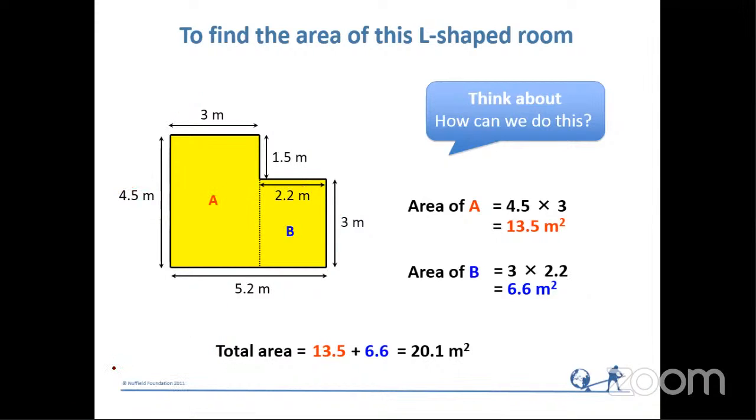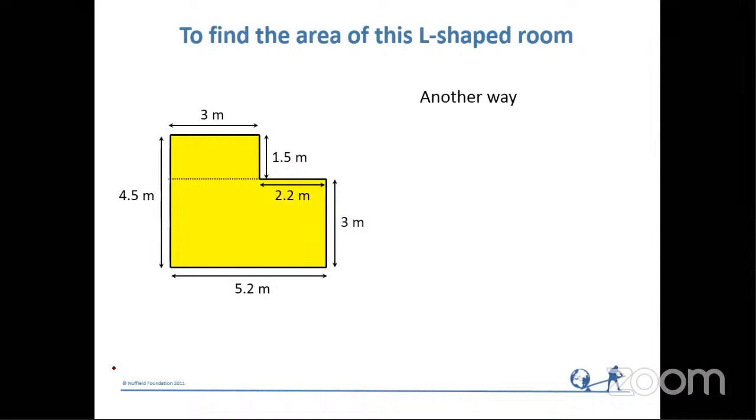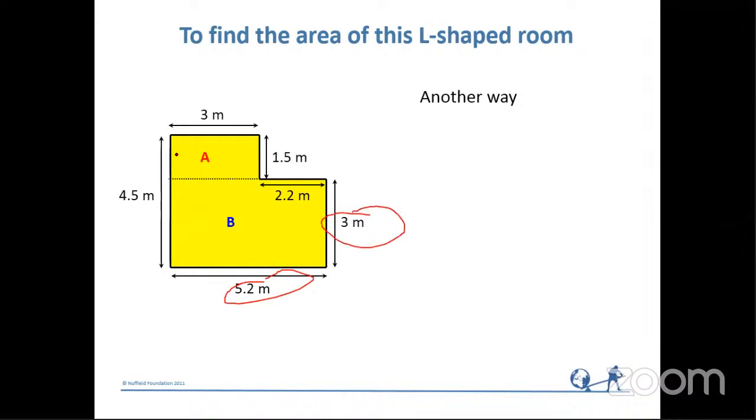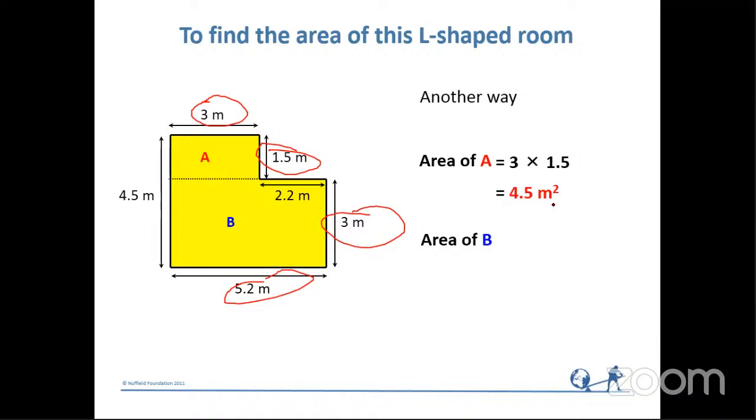Then another option would be when we split and have a length of 5.2 here against 3, and then we also have another one here of 1.5 against 3. So those two. Area of A would now be 3 times 1.5, and that would give us 4.5.